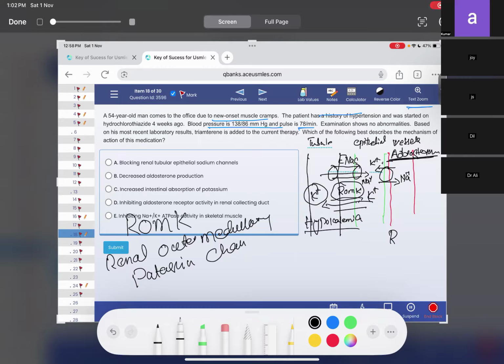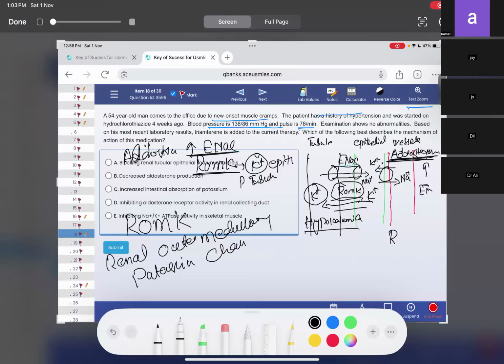Thank you. So normally, aldosterone comes and increases production of ENaC and ROMK. The ROMK only works when there is potassium usually present in the epithelial cell, and it pushes it into the tubule.